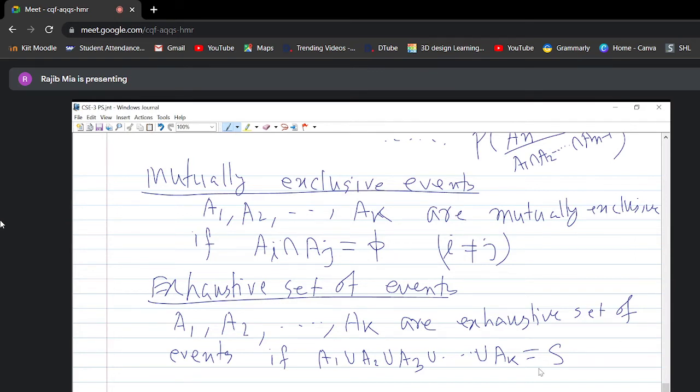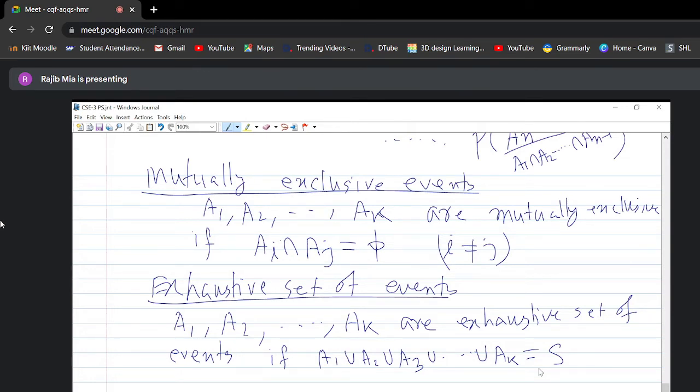So can you give an example of mutually exclusive events and exhaustive set of events? Sir, when a dice is rolled, it will come even, and the second set is when a dice is rolled, it will come odd. Yes, then they are mutually exclusive. Are events A and B an exhaustive set of events? Yes, sir.